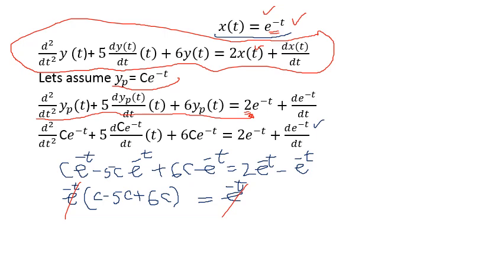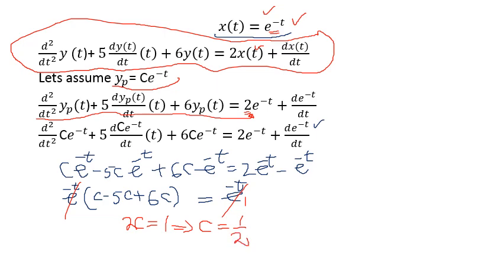So we can cancel the e power minus t, so we get 1 on this side, so that means c minus 5c plus 6c is 2c, so that means 2c equals 1. So it says that c equals basically 1 by 2.